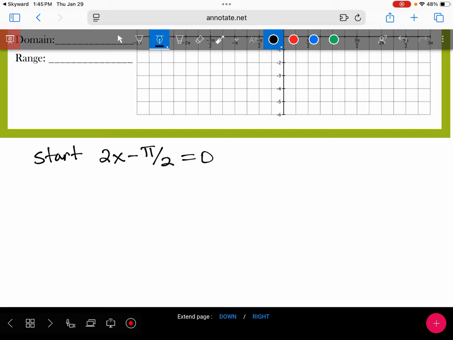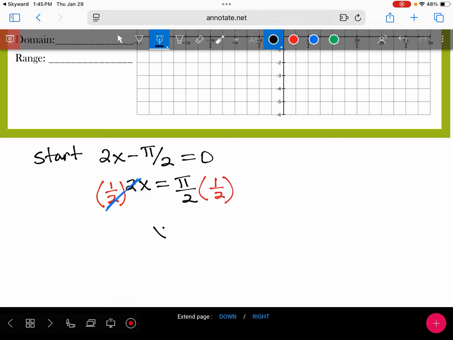And let's solve it. What's my first step? Add pi over 2. And then I would divide by 2. Dividing by 2, though, is the same thing as multiplying by 1/2. So I think I'm going to do it that way because if we divide by 2, we'll have to do keep, change, flip. That's doing too much. So what that gives me is half of 2 is 1.